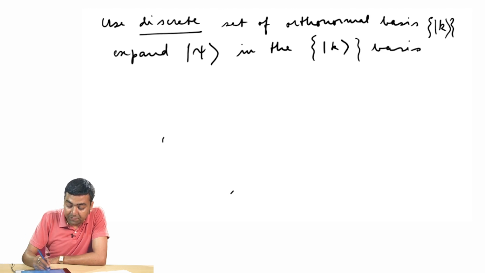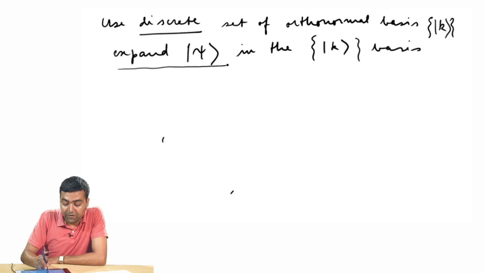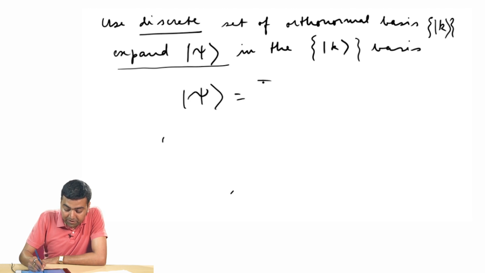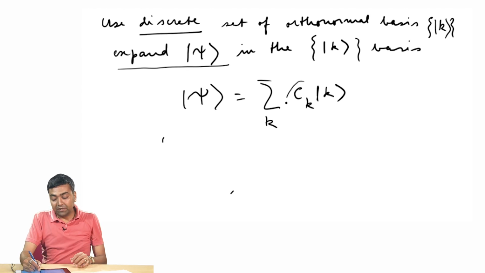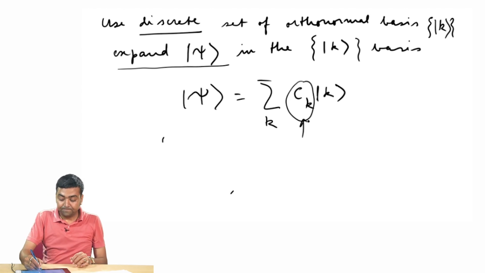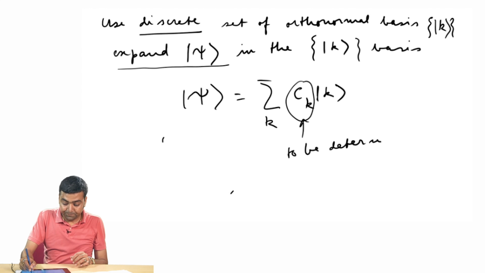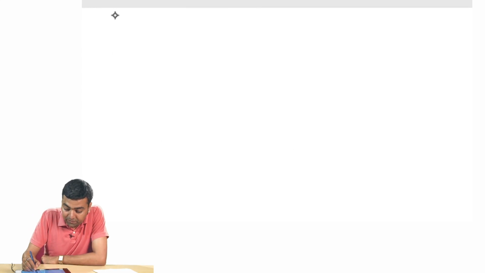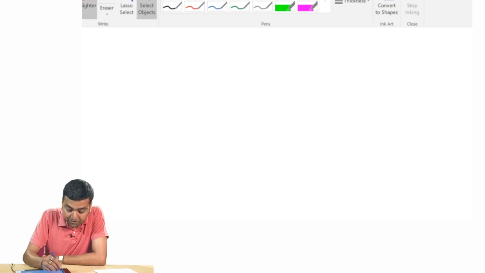Again, remember this expansion which we are doing is a linear expansion. So, what I can write is my psi as a sum of linear combinations of |k>, with coefficients c_k, where the c_k's are to be determined. Also, we need to worry about the normalization of the wave function.